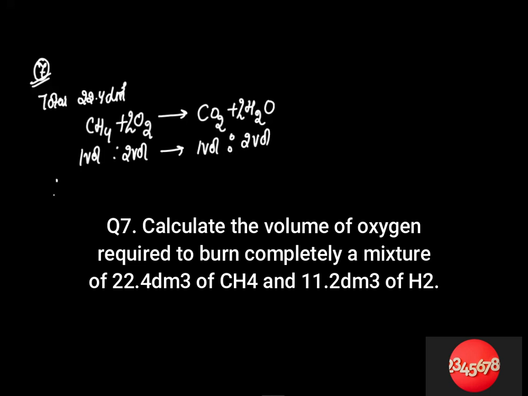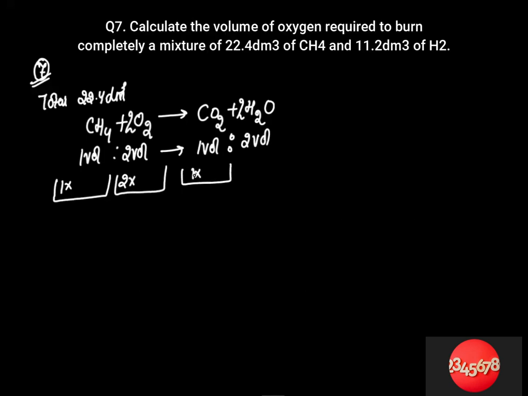Now, although we are burning one more product, I am going to consider one at a time. Although it says hydrogen also, I am not reading hydrogen yet. Let's burn methane first. How much methane do you have? 22.4. So this should be 22.4.